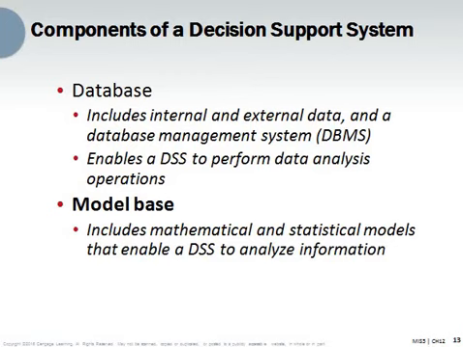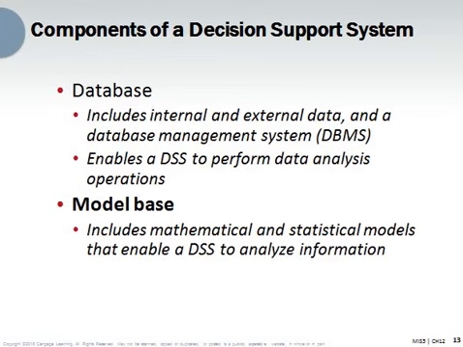It enables a DSS to perform data analysis operations, such as querying the database on the basis of different conditions in the language of SQL or Oracle. So we need a database where our whole processed, refined data is lying. Sometimes we are connected to the external or sometimes the internal database. That depends upon the need of the industry, in which industry you are working, and its department and purpose.